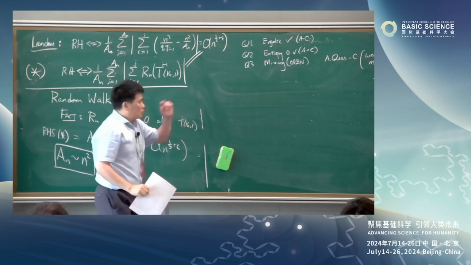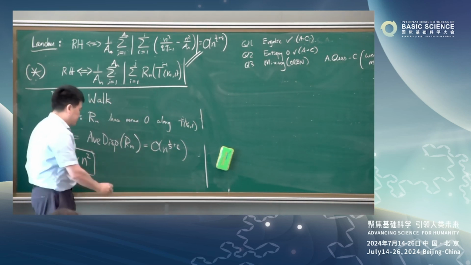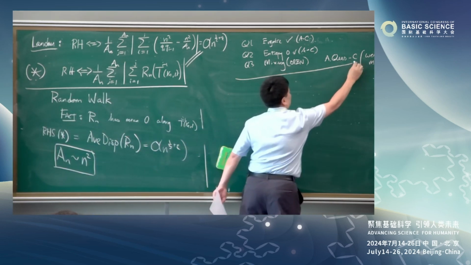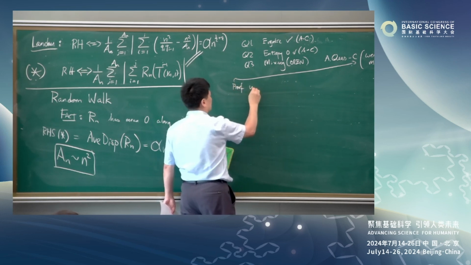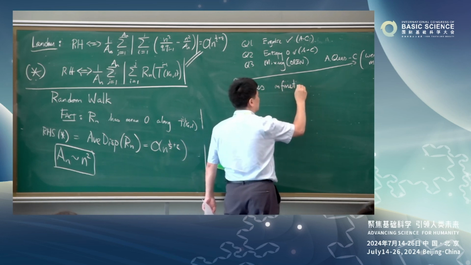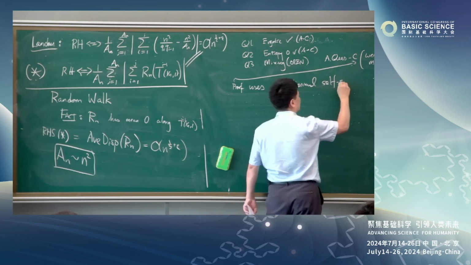And the proof of weak mixing uses a very nice property which we call infinitesimal self-similarity.